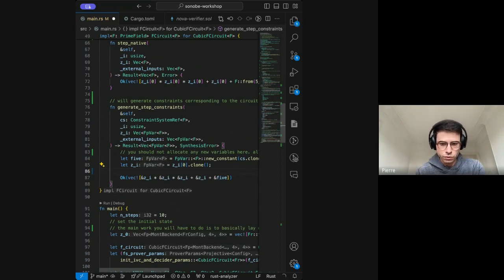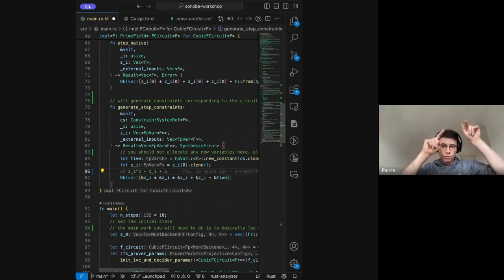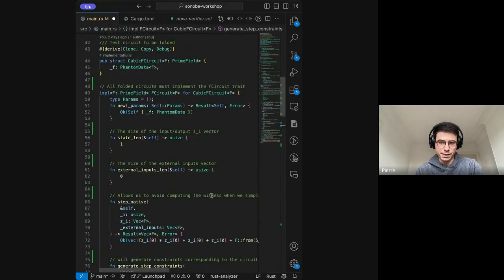So it corresponds to Zi cubed plus Zi plus 5. That's what we are returning. And this is the F function that we are iteratively applying. So if my Z0 is 1, the next value that I will get, so Zi plus 1, will be 7, because this will be 1 plus 1 plus 5. Okay, so this is the FCircuit trait.